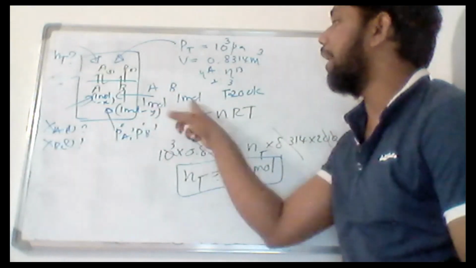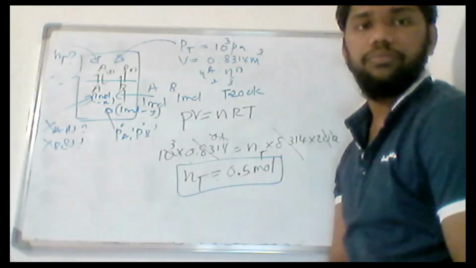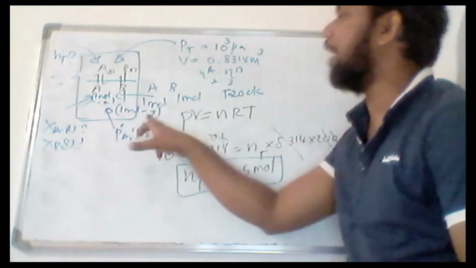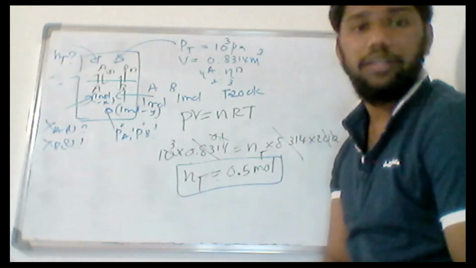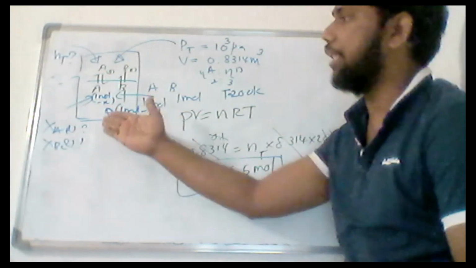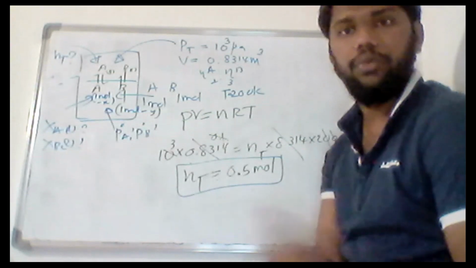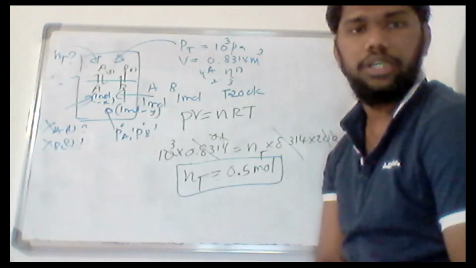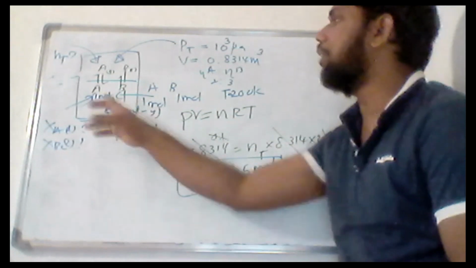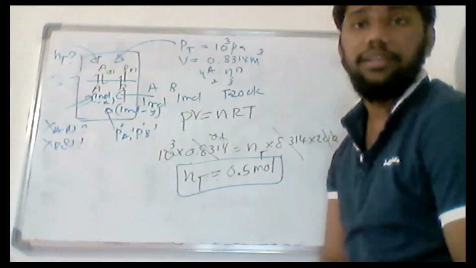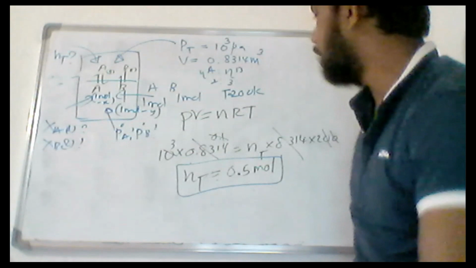Because initially they used 1 mole. So if you know this X and Y, the number of moles, you can find the number of moles present in the liquid phase, and then you can find the mole fraction. So first, you need to find the number of moles in the gas phase. So how do you find it?